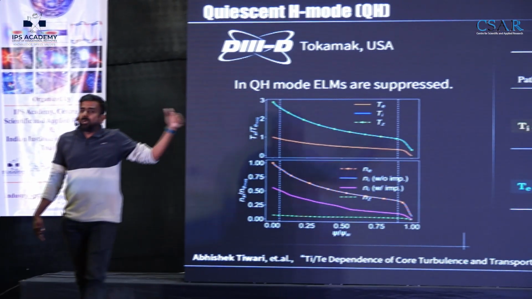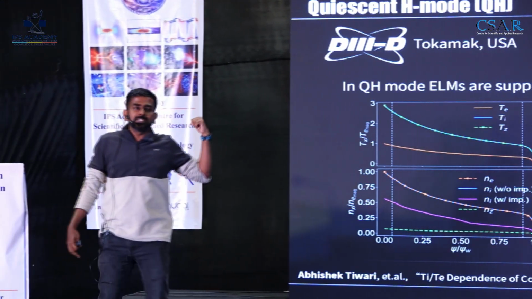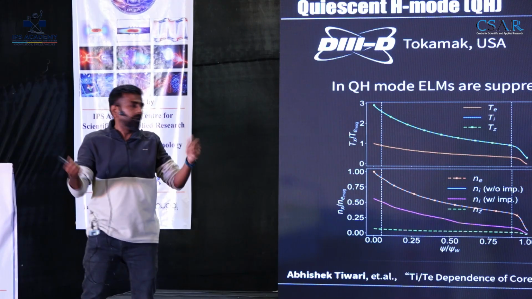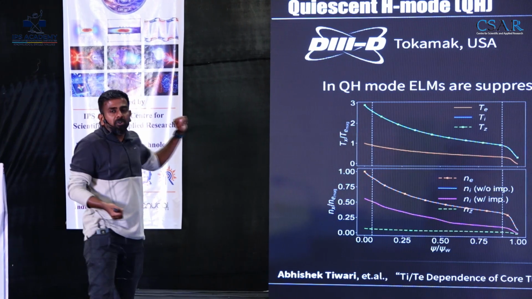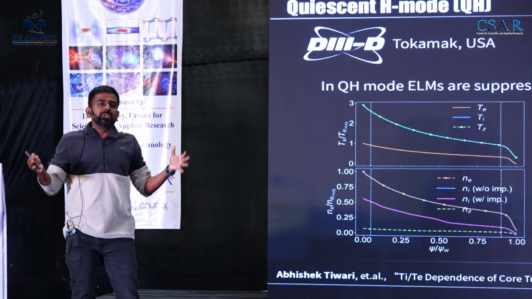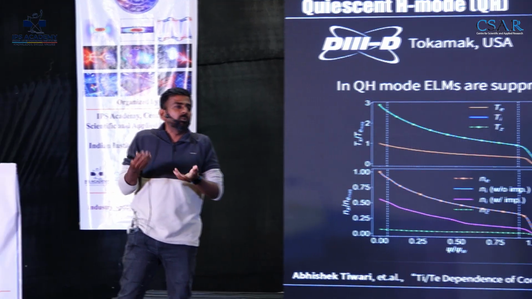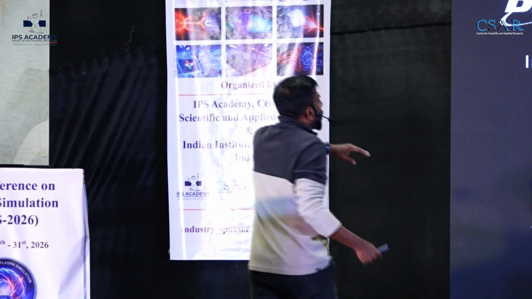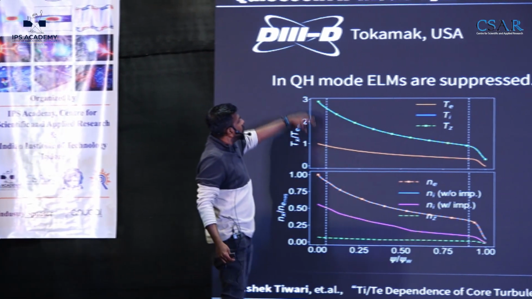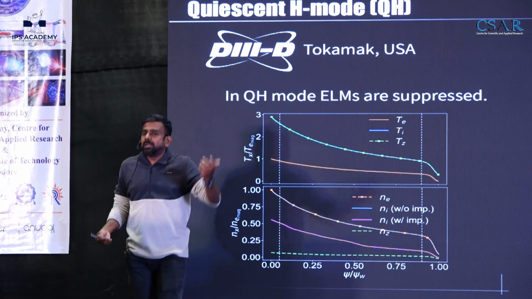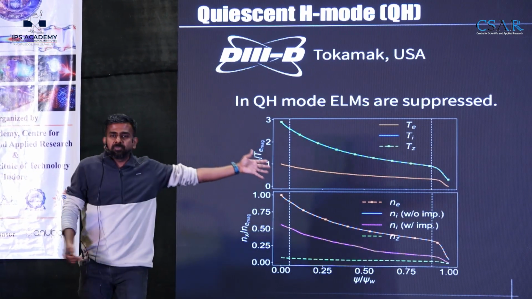And this is because of the way you heat the plasma, whether you heat the ion or electron. Here it turns out that the ions are heated. But if you want to go to a different system, for example ITER, they would preferably like to heat the electron. Then they would want to know, if the temperature of the electron was higher than the ion, how will it behave? So that's the kind of study that we performed over here.